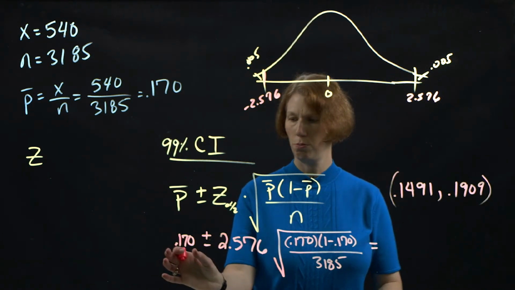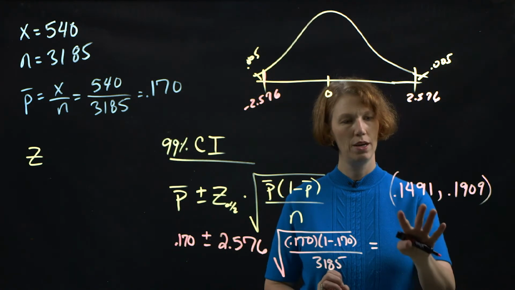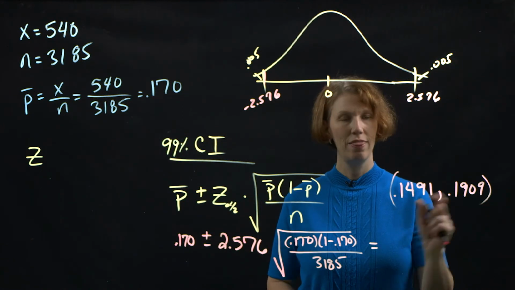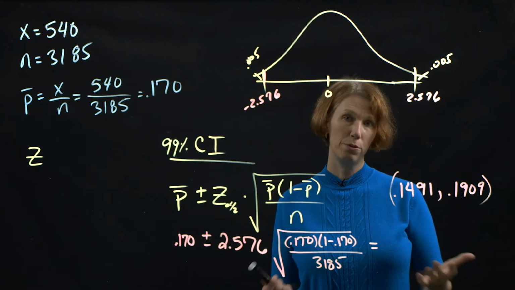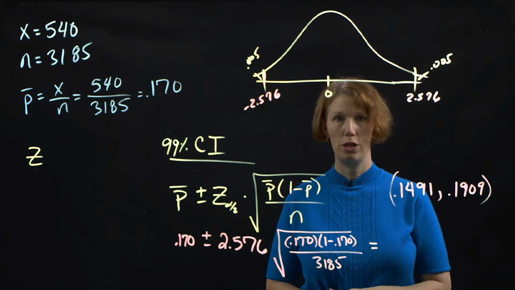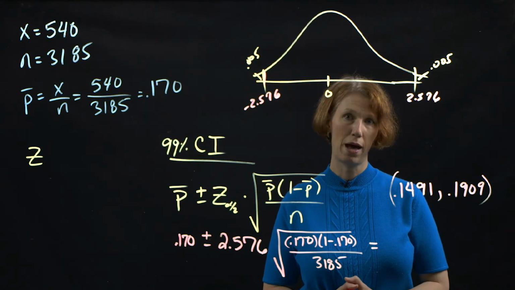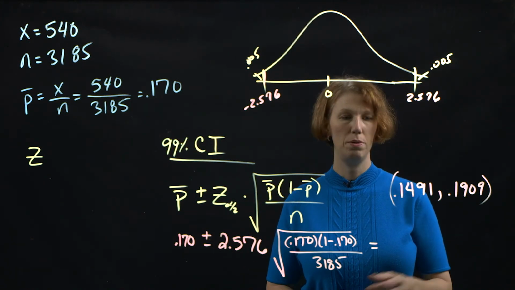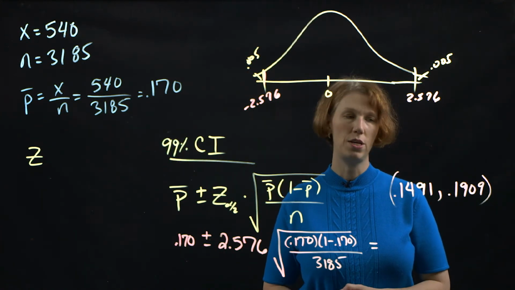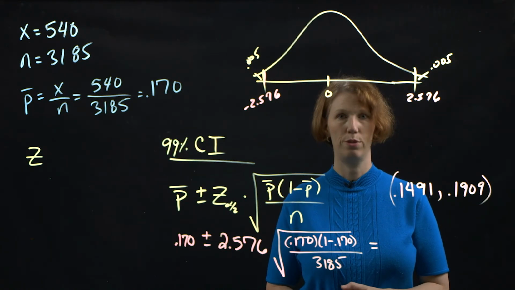That corresponds to 0.170 minus 2.576 times this term, that's the lower bound, and 0.170 plus this term, that's the upper bound. For interpretation purposes, what it says is that the population proportion that smokes in the Hamilton ACO beneficiary population is estimated to be between 0.1491, or roughly 14.9%, and 0.1909, or roughly 19.1%.